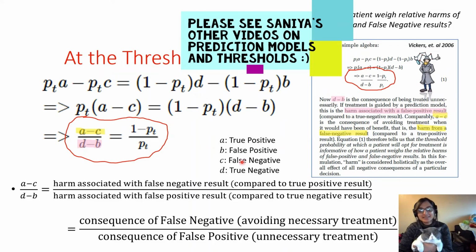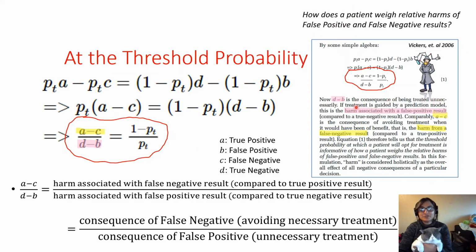And what we see is that D minus B is the consequence of being treated unnecessarily, the consequence of a false positive, unnecessary treatment. If treatment is guided by a prediction model, like a machine learning model that outputs predicted probabilities, then if your predicted probability of having the disease is greater than or equal to the threshold, we predict you're positive, otherwise we predict you're negative.